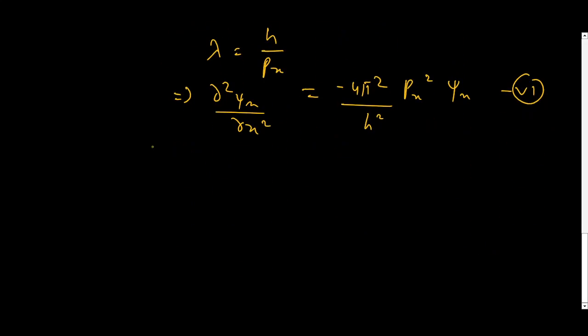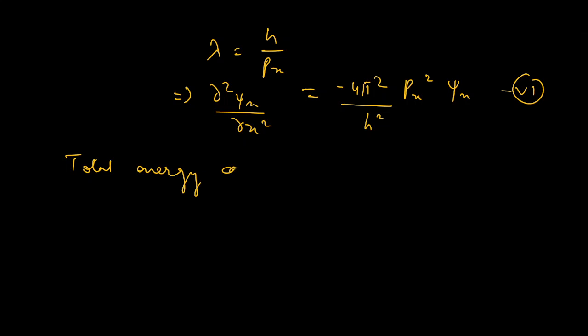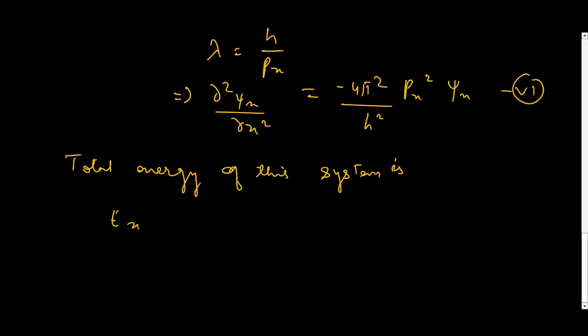Now total energy of this system is Ex is equal to Tx plus Vx, where Tx is kinetic energy and Vx is potential energy. Now we can write this as Ex is equal to Px square upon 2m plus Vx.